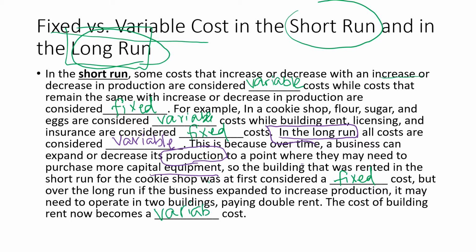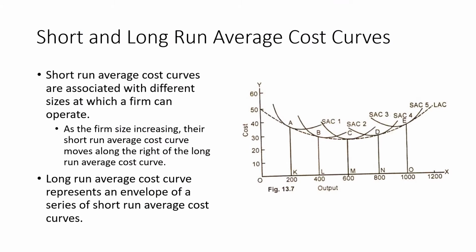So a fixed cost is only fixed for a particular level of production. Once we get so large, we need to increase that capital equipment expenses and the insurance and so on and so forth. So in the long run, all costs are variable.